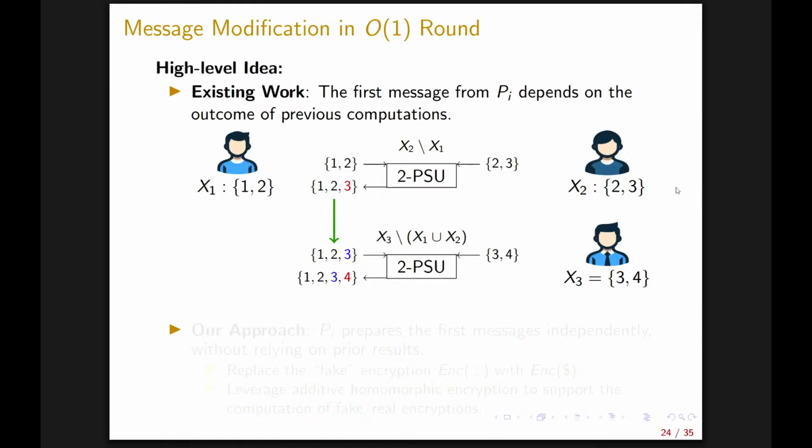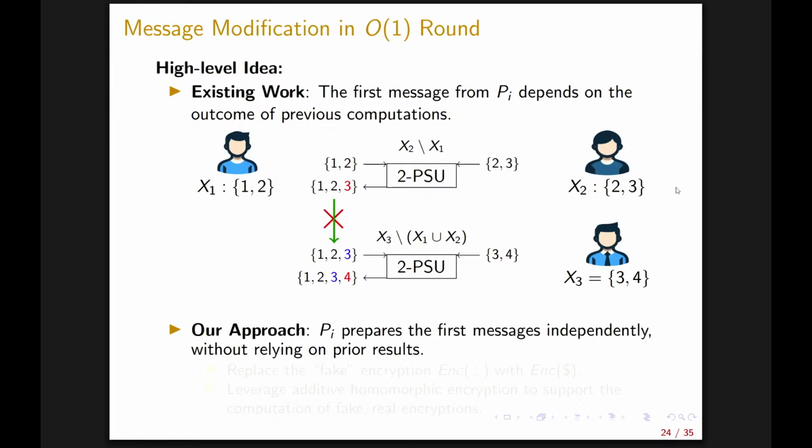So go back to the main idea: how we can reduce the multiplication to one round. It looks like you cannot prevent it step by step; you cannot prevent, hey, from this one, you have to yield the result here to the next one. We can prevent it by preparing some random messages.